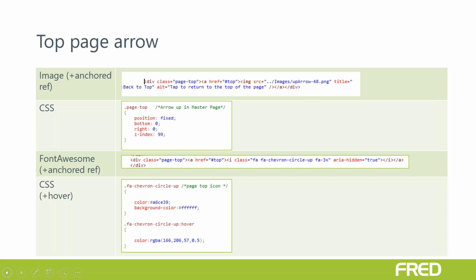And then I created a little image, a green button about 50 pixels square, and I used fixed positioning to make sure it's stuck right at the bottom and in the right corner of the page, and the z-index is there to make sure it's floating on top of the existing content.